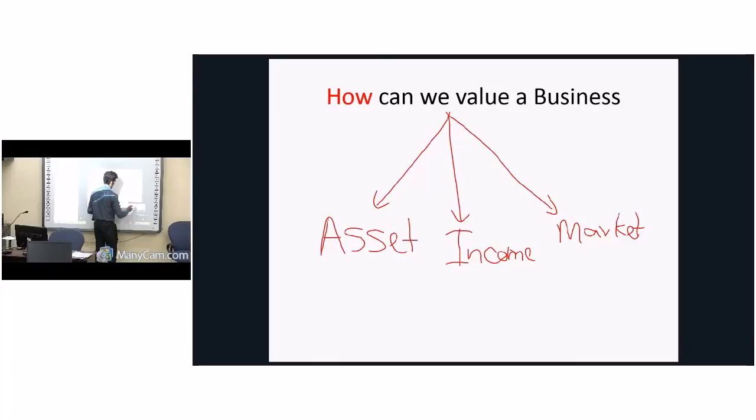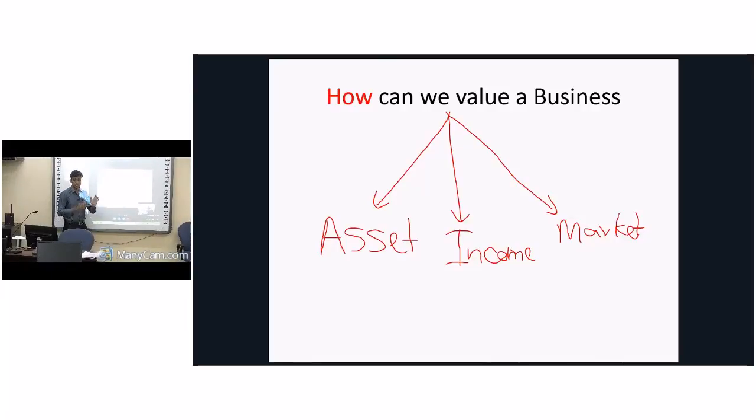Okay. So basically, we look at the value of the business from three perspectives: from an asset perspective, from an income perspective, from a market perspective. So we will learn one by one. What do we really mean by asset perspective?